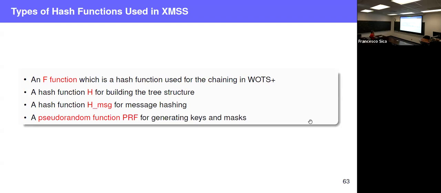The hash function H message will be used at the very beginning of the process to convert our original message with arbitrary length to a fixed-size message digest. And a pseudo-random function will be used during the hash chain.